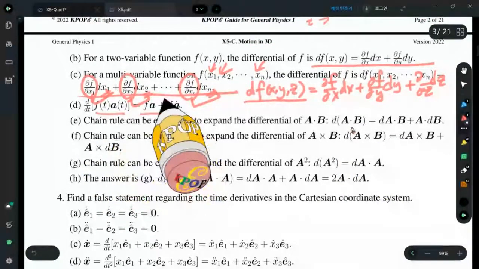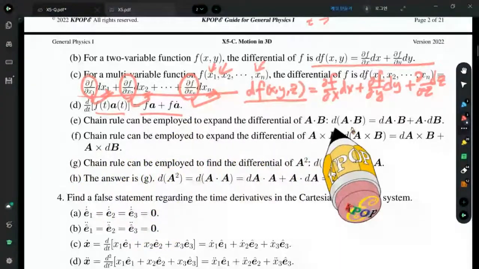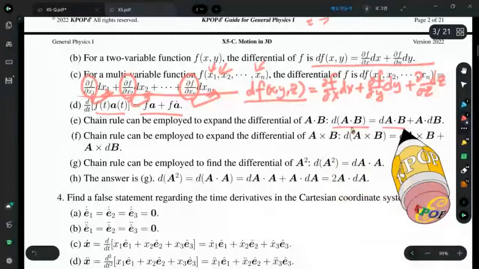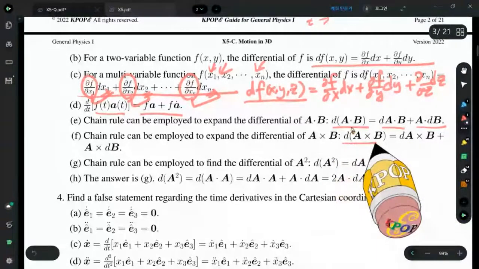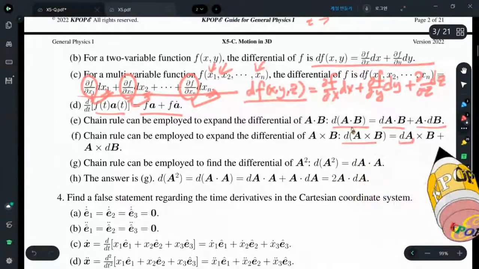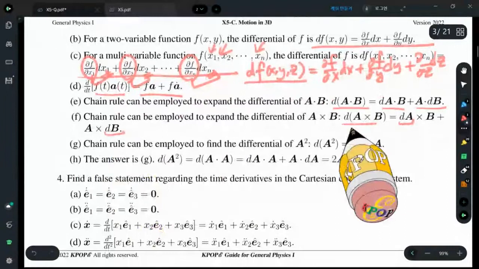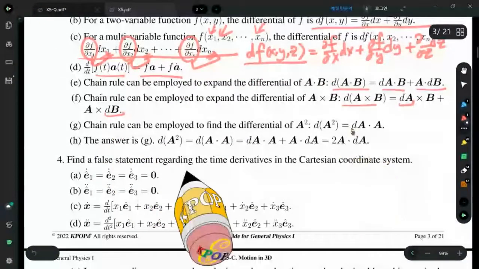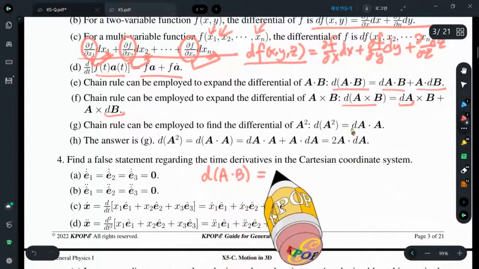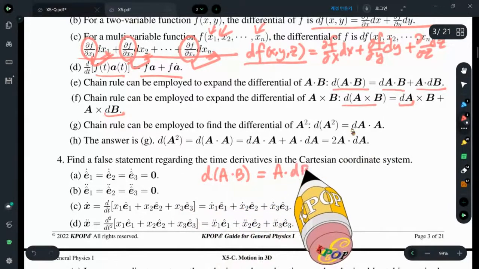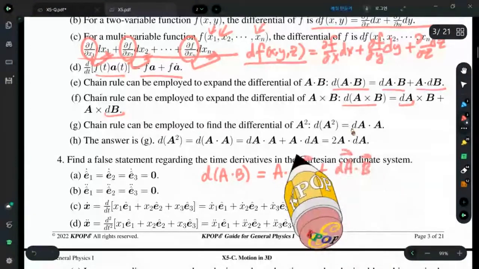This we have already studied. The chain rule can be employed for the differential of this. That's fine. d(A·B) equals A·dB plus dA·B.